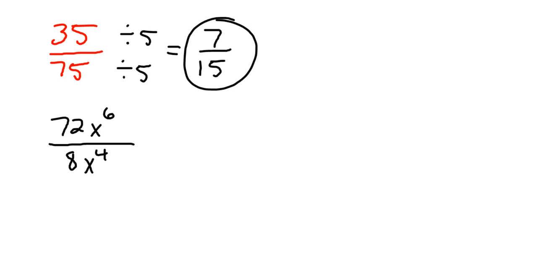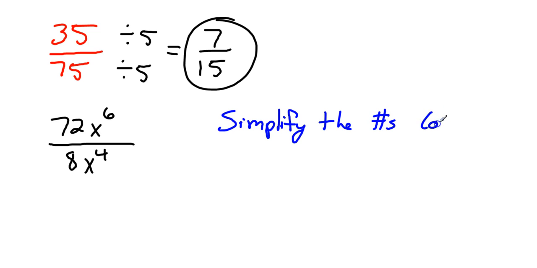For me, that's the way I've always looked at it. You're going to simplify the numbers. And the fancy word for numbers is coefficients. And for the variables, you're going to subtract the exponents.